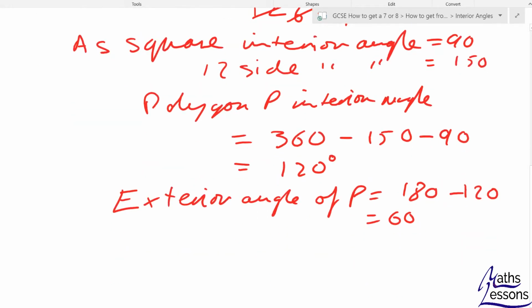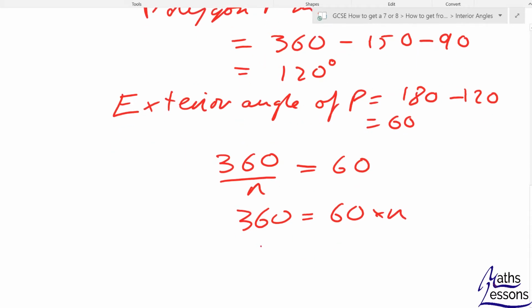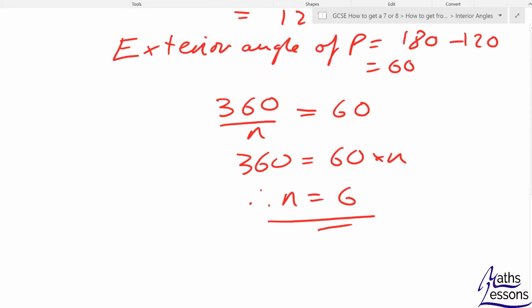We know the exterior angle is 360 over n, so 360 over n equals 60. Therefore 360 equals 60 times n, so n equals 6. Therefore, we have a hexagon.